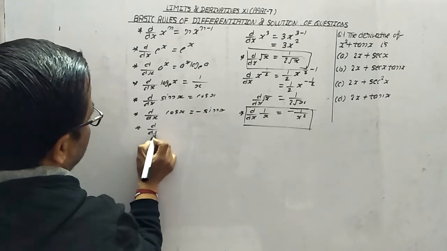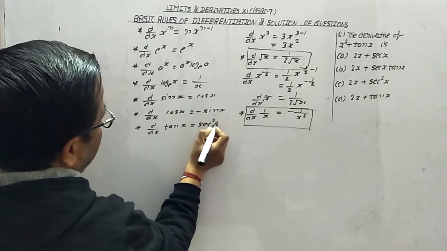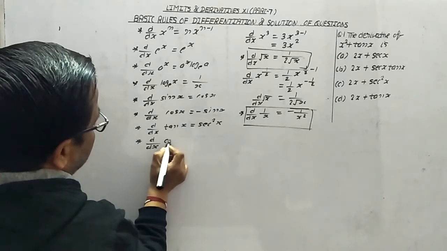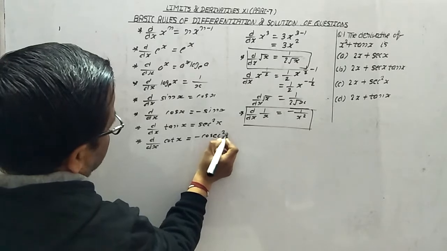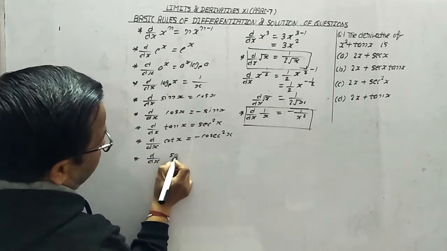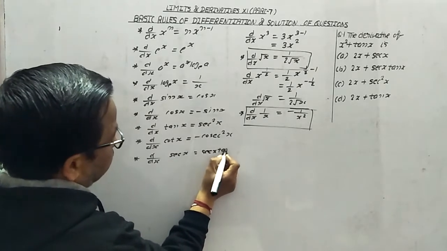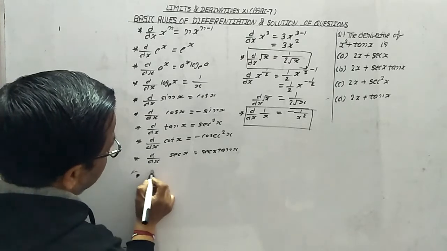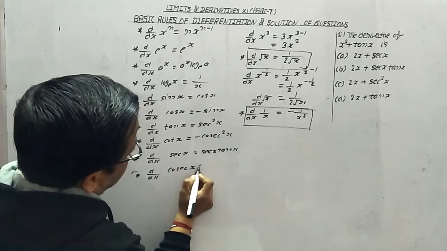d by dx of tan x is equal to sec square x. d by dx of cot x is equal to minus cosec square x. d by dx of sec x is equal to sec x tan x. d by dx of cosec x is equal to minus cosec x cot x.